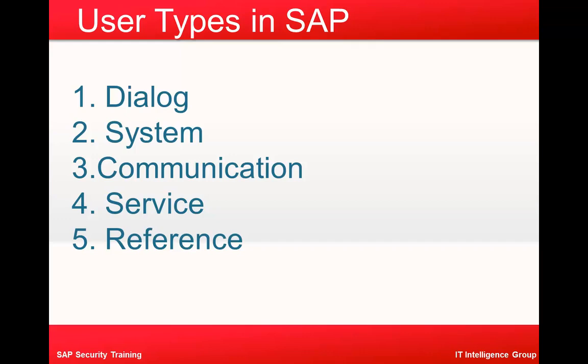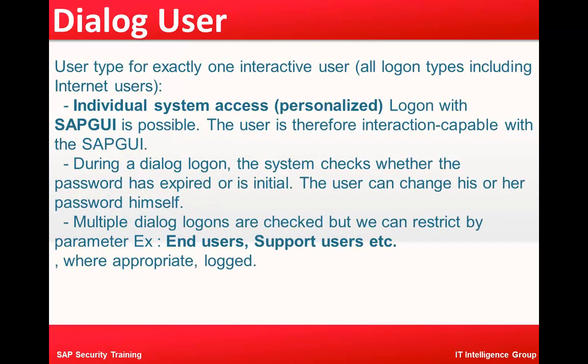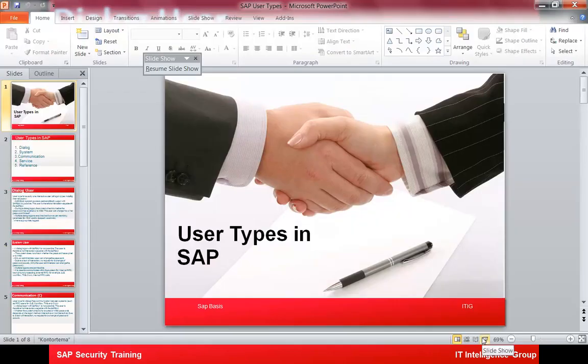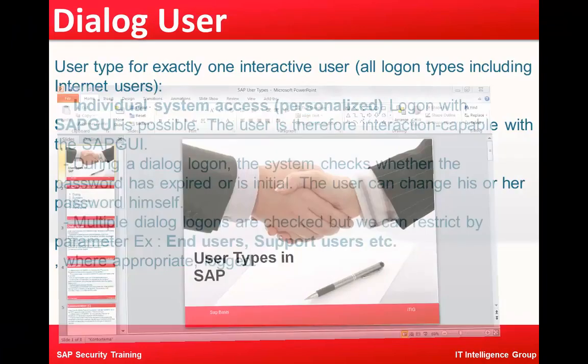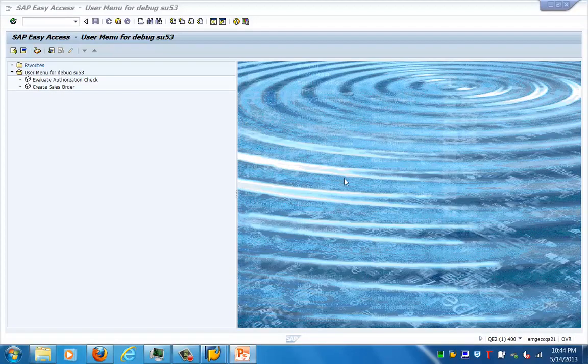So basically these are the types of users which are defined in SAP. First thing, dialog user. A dialog user is basically what a common, generic user is called whenever we log into the system. So let's get into the system and I'll show you how to create a dialog user.